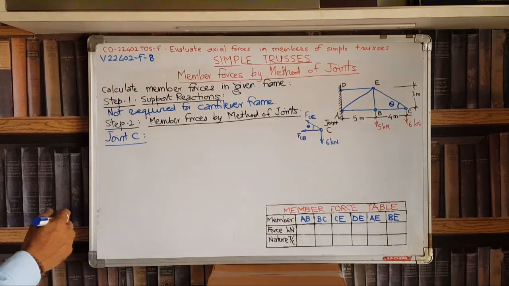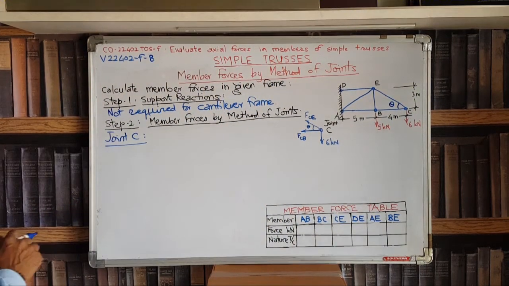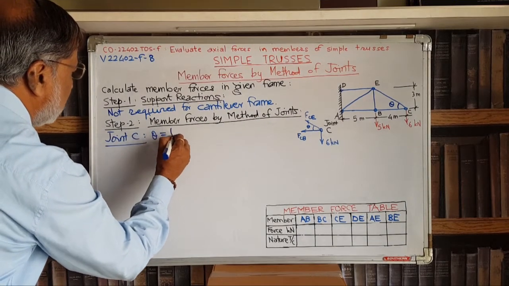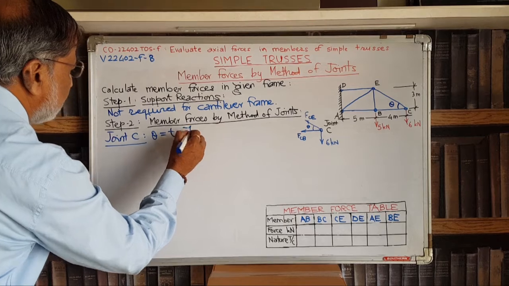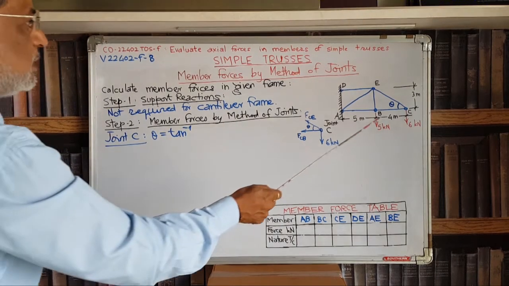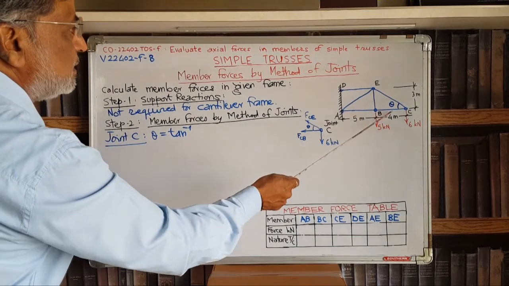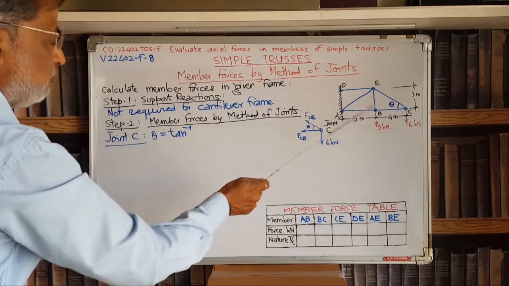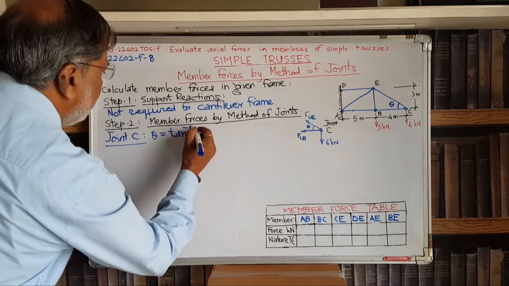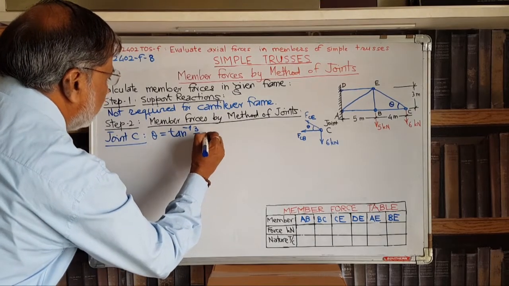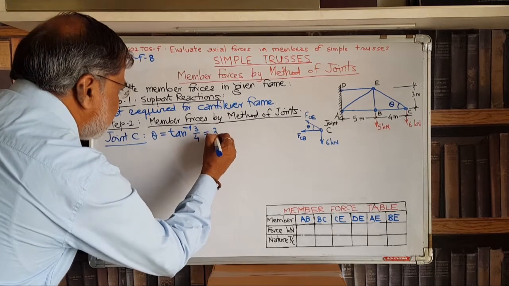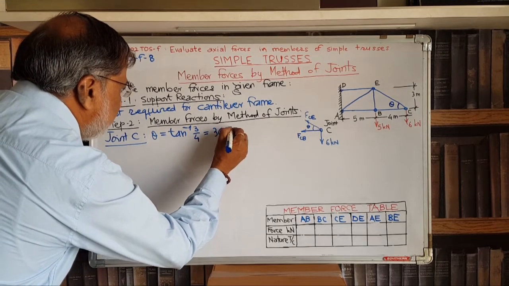If we look at the geometry of the truss, we can see that the angle theta can be calculated as theta equal to tan inverse of opposite side upon the adjacent side. Opposite side is 3 meters and adjacent side is 4 meters. So tan inverse 3 upon 4. So this angle will come out to be 36.87 degrees.